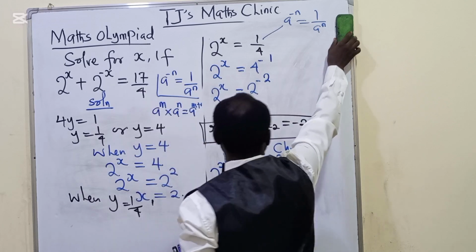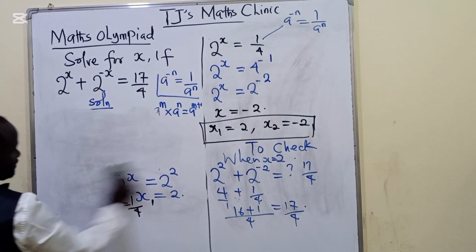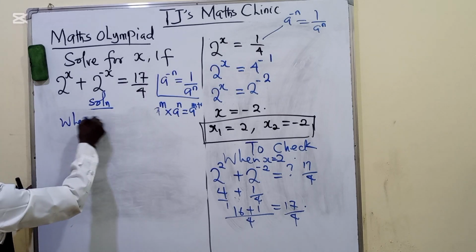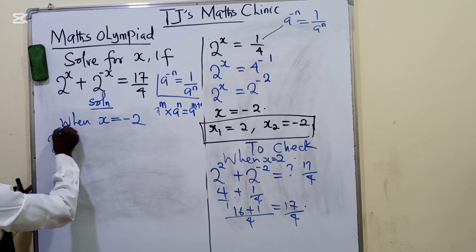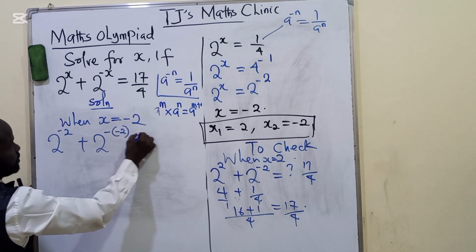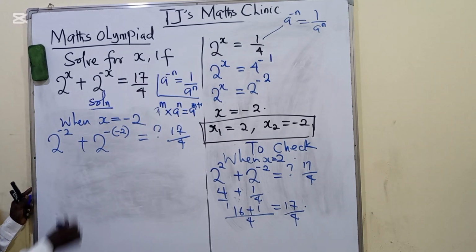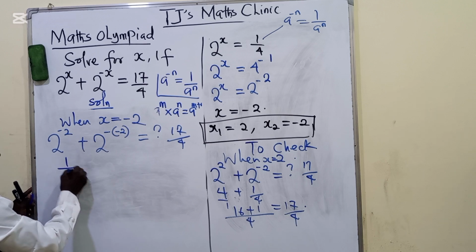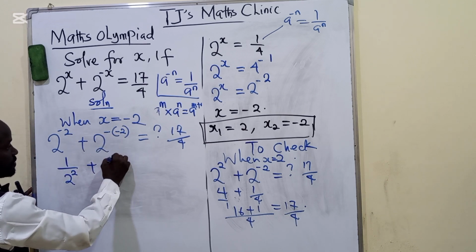Let's check when x is minus 2. When x is minus 2, will it agree? Let's substitute. This will be 2 power minus 2 plus 2 power minus minus 2. Is it equal to 17 divided by 4? Here I can write this as 1 divided by 2 power 2 plus 2 power 2, minus times minus is positive.